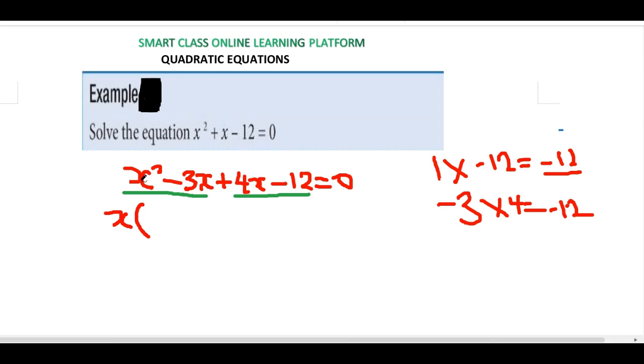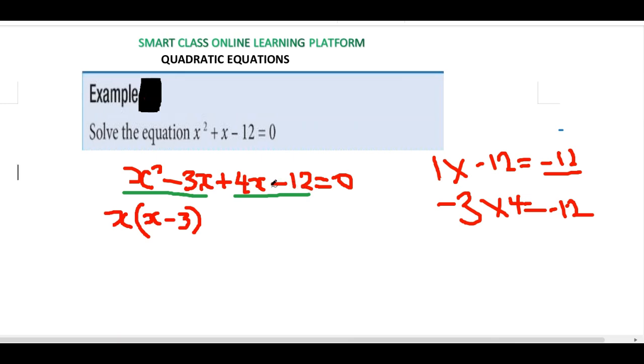If you factorize x out of x squared, you will be left with x, because x times x is x squared. If you factorize x out of minus 3x, you'll be left with minus 3, because x times minus 3 is minus 3x.